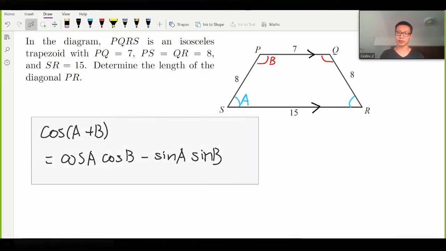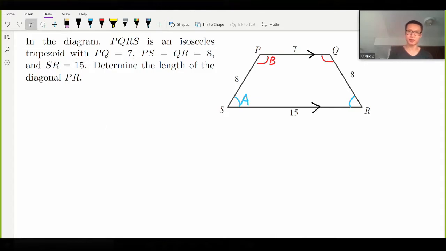Okay, so now we have enough information to start cracking this question. The question asks for the length of the PR diagonal, this diagonal right here. Let me relabel the angles. Since the left one is B, then the top right is also B. So I've essentially split this trapezoid into two triangles.